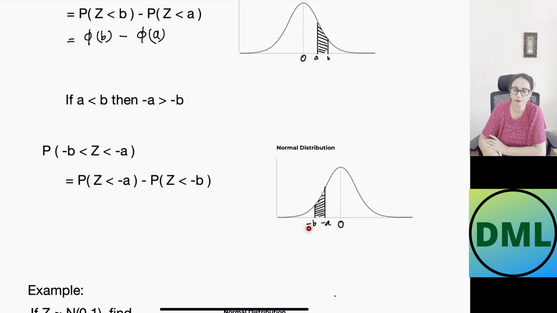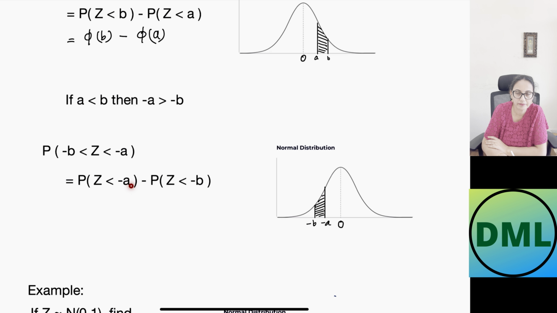This value is smaller. I have to calculate the probability of Z greater than minus B and less than minus A. This shaded part will be figured out by subtracting probability of Z less than minus A minus probability of Z less than minus B. Then I'll get this answer.